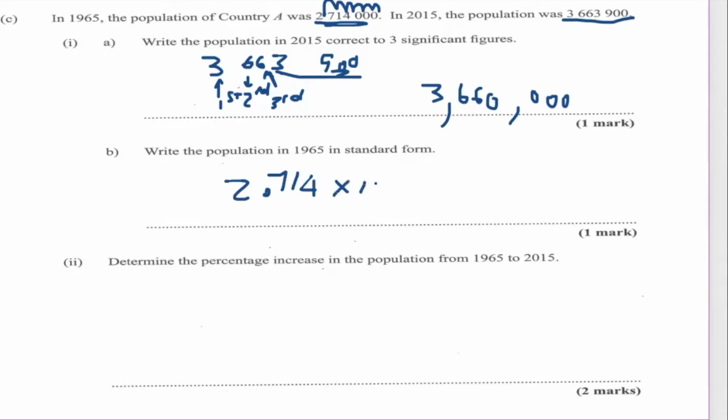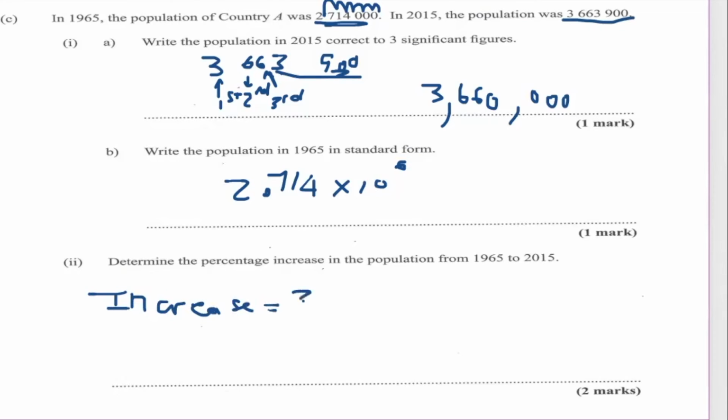And because I moved it 6 places to the left, then it's going to be times 10 to the 6. If I had moved it to the right 6 places, then it would have been -6.